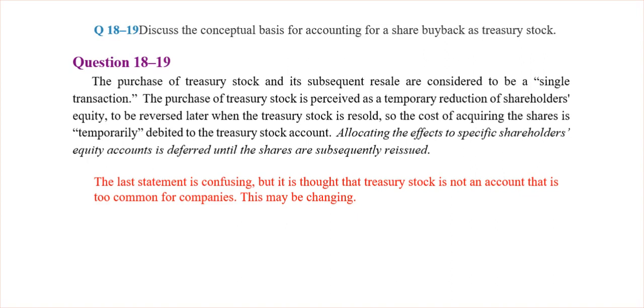The purchase of treasury stock is perceived as a temporary reduction to be reversed later when it's resold. And that's why we consider it a temporary sort of thing in treasury stock. Allocating the effects to specific shareholders' equity accounts is deferred until the shares are subsequently reissued. That is a very confusing statement.